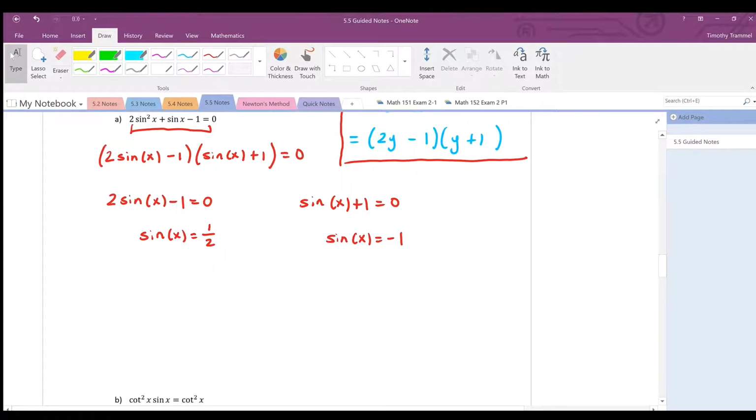So if we were to use our same technique from earlier, we'd jump to our unit circle and think about where sine of x equals 1/2. Well, sine of x is equal to 1/2 at pi over 6, and the other place is 5 pi over 6.